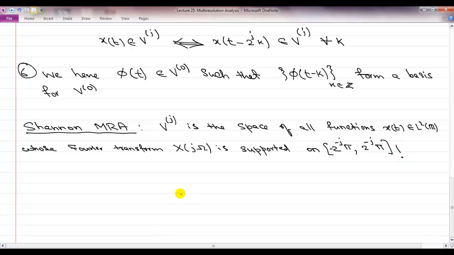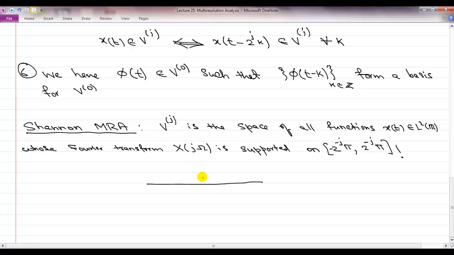So if I think of V0, and we already know the space of all band-limited signals is a subspace, right? We have done that a long time ago. So the space Vj is defined as the space of band-limited signals, but the band is a function of your little j.